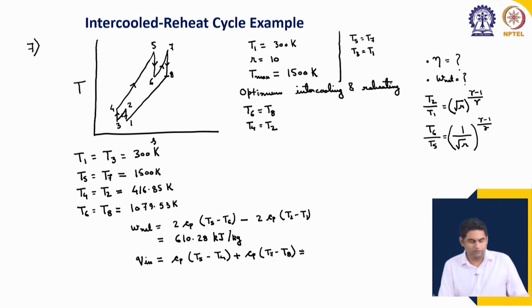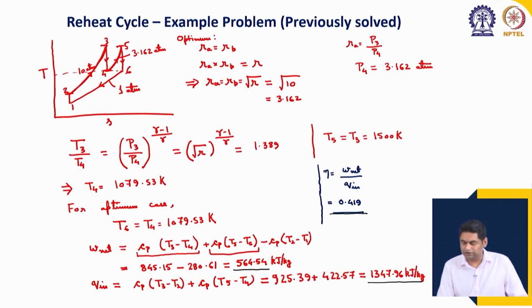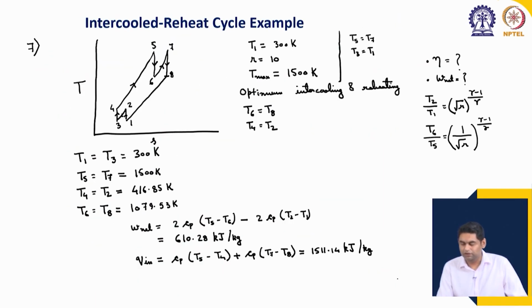So, this comes out to be equal to 1511.14 kilojoule per kg. How does this compare to the reheat cycle? In the reheat cycle we had a very high heat requirement, 1347.96 kilojoule per kg, but here it is even higher. Okay. So, it is the highest amount of heat needed among all the cycles for the given parameters.